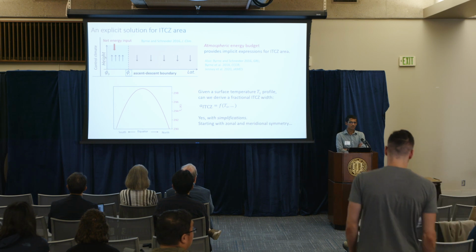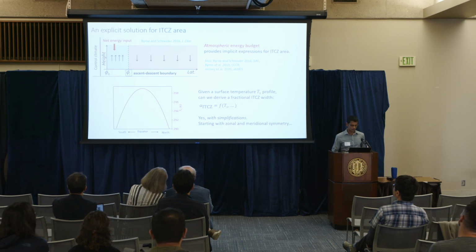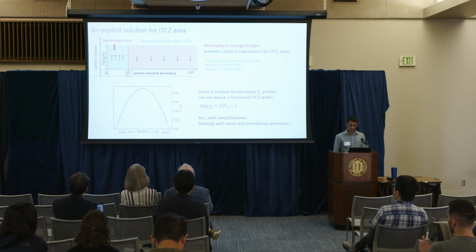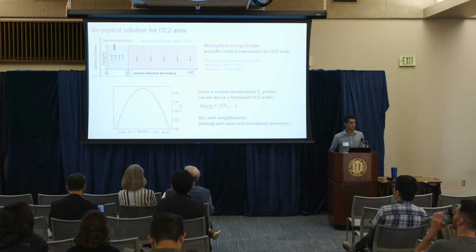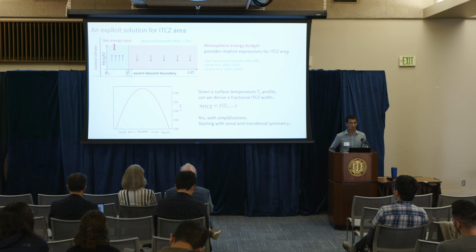This question has received renewed attention in the past 5 or 6 years. The most notable contribution here is the energetic framework from Mike Byrne and Tapio Schneider, which essentially says start with the atmospheric energy budget and divide the tropics into 2 zones, the ascent zone and the descent zone. Then write the energy budgets for these 2 zones, manipulate the expressions, and you can derive an implicit expression for the ITCZ area.